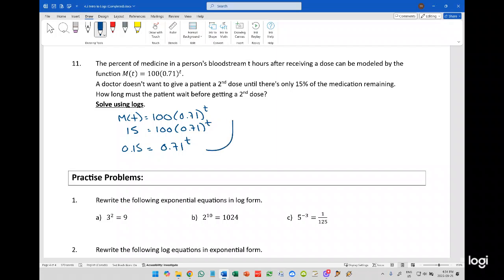What we're going to do this time, though, is convert that from the form that it's in to log form. We know that 0.15 is the answer, t is the exponent, 0.71 is the base. So in log form, we want to find the exponent. We know the base of the log is 0.71.